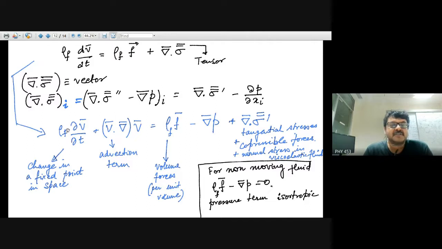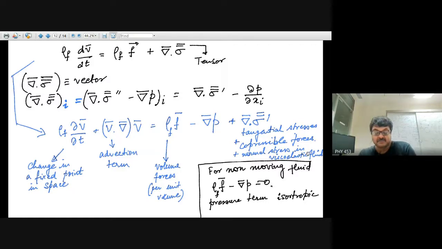So the Navier-Stokes equation, if you're looking at a fixed point in space, is rho f del v del t, the velocity change locally, density has not been changing, plus rho f into v dot grad v, and that is called the advection term. These are the body forces minus grad p and divergence of sigma dash, which will have the tangential forces, compressible forces, plus the normal stress.